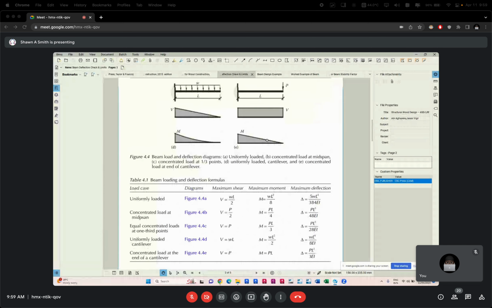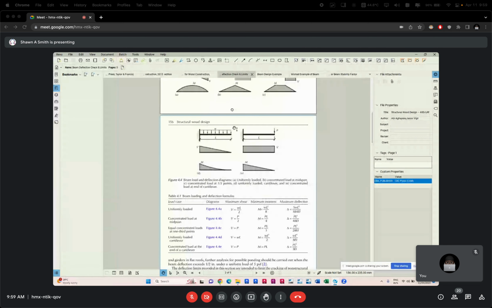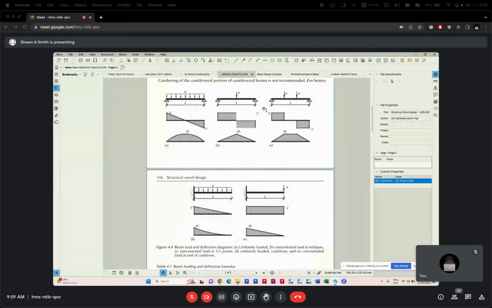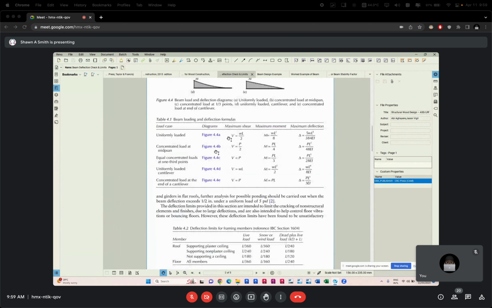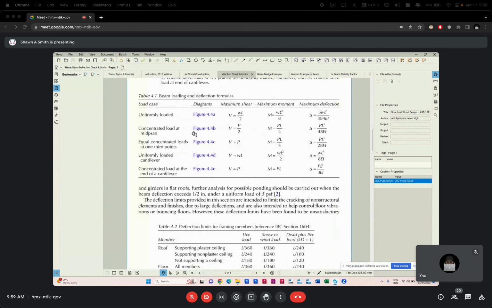All right. Now, class, with these cases, for the most part you will be stuck in maybe the first 2 or 3 cases, the simpler cases. There is a corresponding table that shows the formulas for maximum shear force, maximum moment, and maximum deflection.